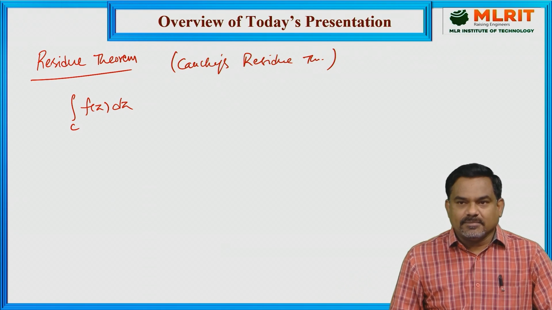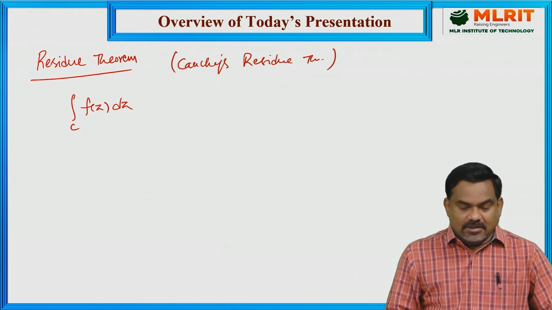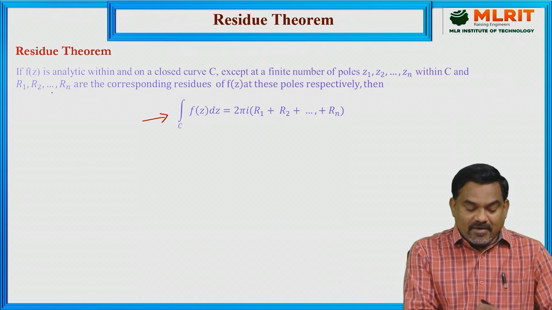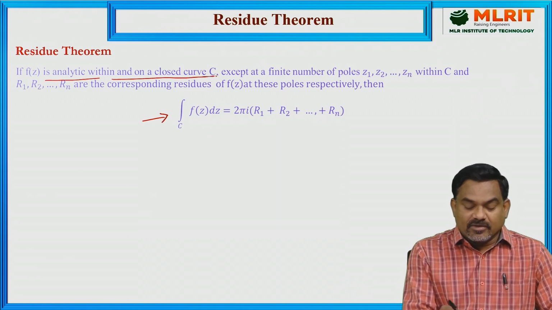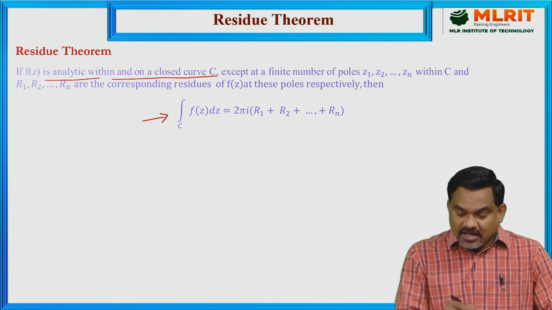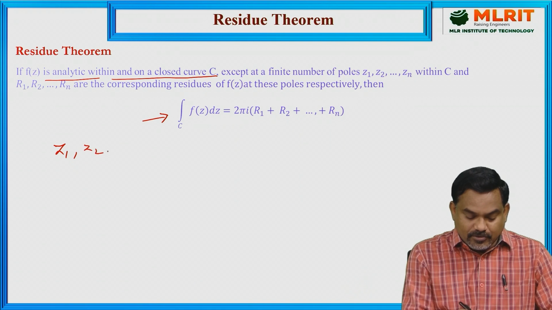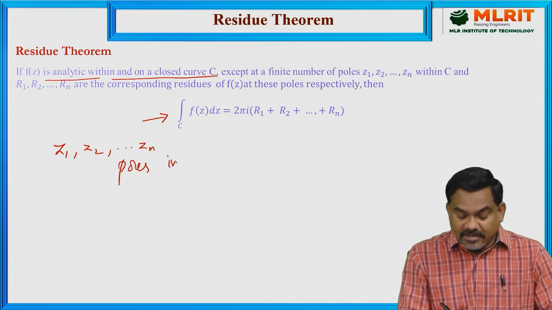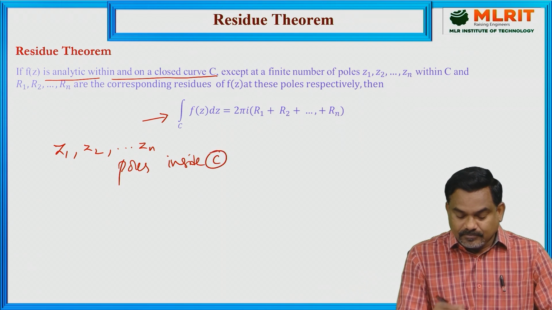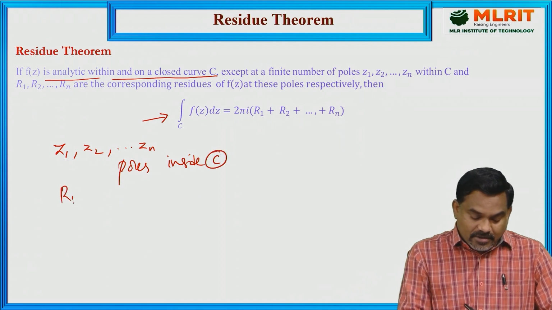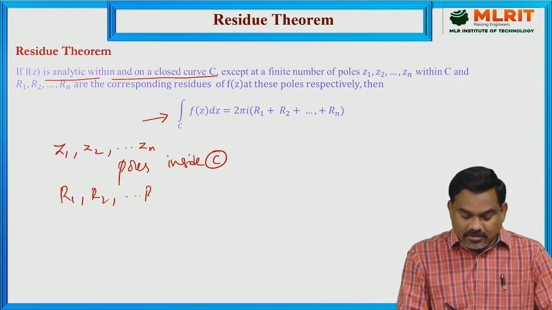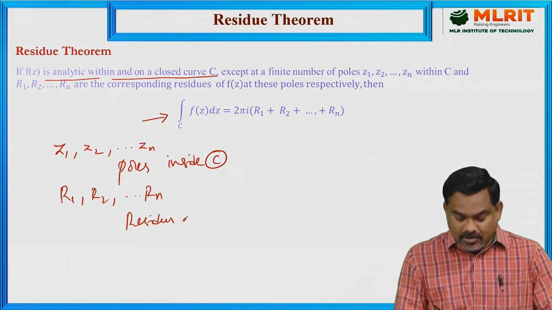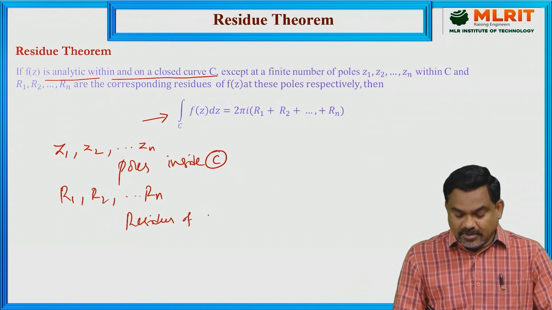And what is the theorem statement? If f of z is analytic on and within a closed curve C, and let us suppose z1, z2, etc., zn are the poles which are inside the curve C, and R1, R2, etc., Rn are the residues of these poles.